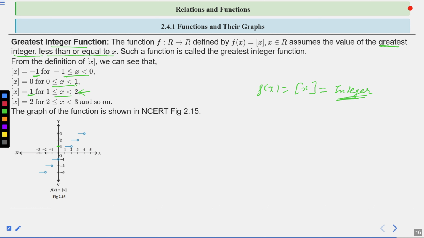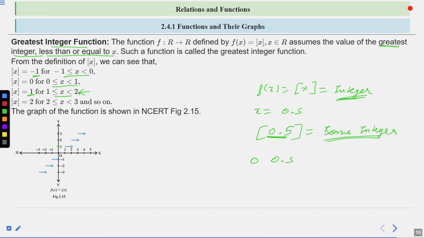Meaning, suppose x is the number 0.5, then the greatest integer of 0.5 is some integer, and this integer must be the greatest of the numbers which are less than or equal to 0.5. So list all the integers less than or equal to 0.5.